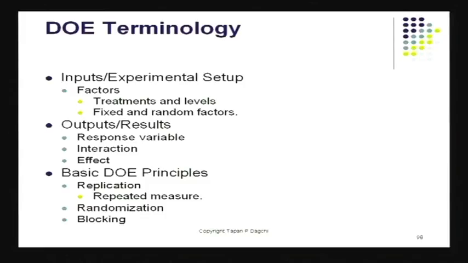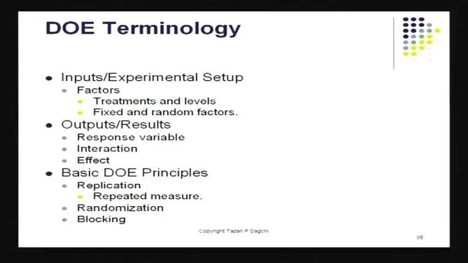What we'd like to be able to do is set up an experimental setup where we control the inputs in a manner where we understand what the factors are and what the treatment levels are. These are the settings at which these different factors are set. Then of course, which factors are fixed and which factors are going to be randomly fluctuating when the experiment is conducted. The output is what we are interested in, so there could be what we call the response variables.